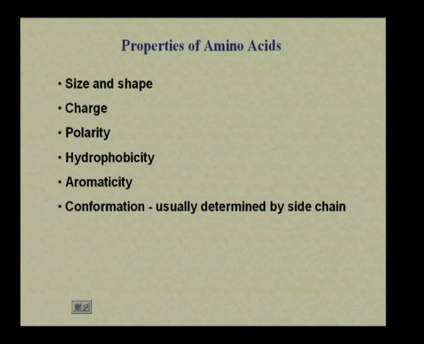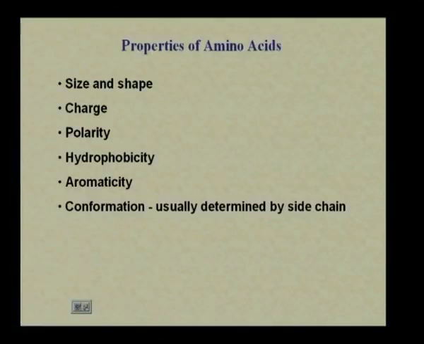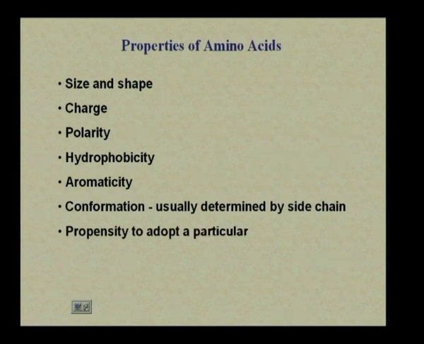But if we have a long side chain like lysine or arginine, we have a lot of single bonds in there. What can happen to those single bonds? They can rotate. As they rotate, say I have the lysine rotate, then the NH2 group that forms the end of the lysine side chain will also rotate, and as it changes, it is going to change the conformation of its side chain.